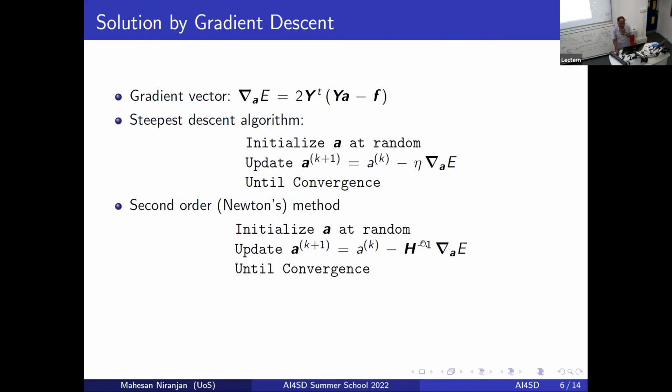Yeah. So such a matrix needs a lot of space to store. And more importantly, such a matrix will not always invert. There's no reason to think this will invert because you're computing this from small amounts of data, so it may not invert. So even though this second order method is very fast, because you can measure the curvature and then you know how far to go, it's not the most practical.